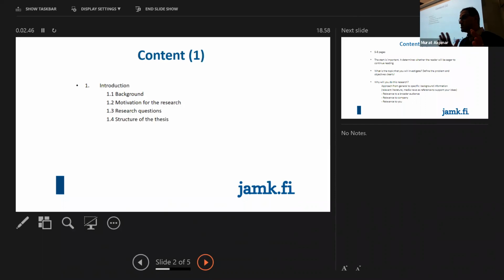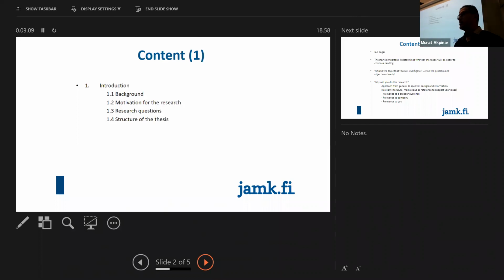The research questions will guide everything what you do. At the very end, in the results chapter, we'll check, have you answered those research questions? So when we read the results chapter, we go back to your research questions and try to see, are there answers to the questions? That's important.